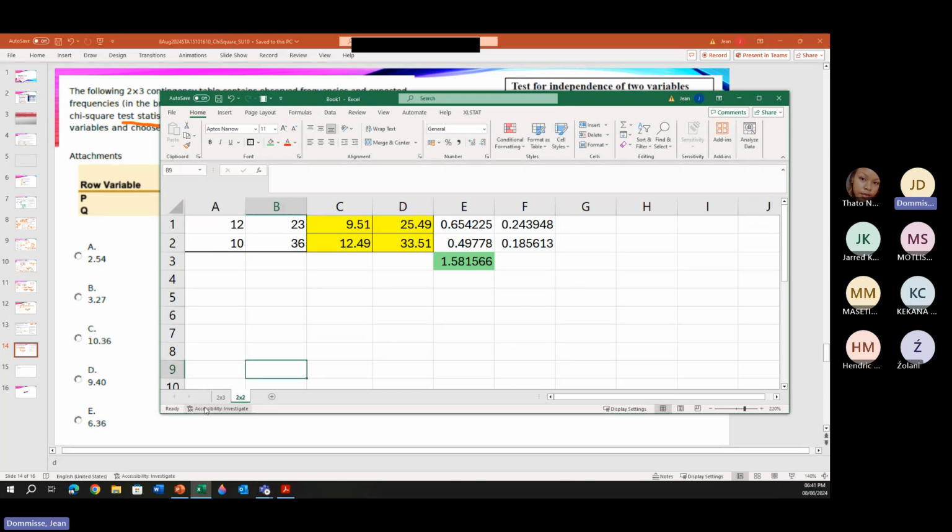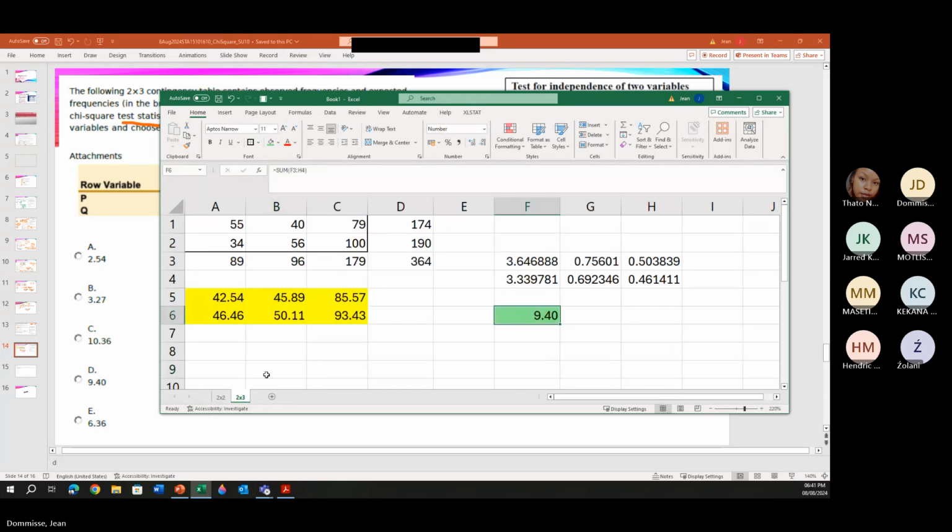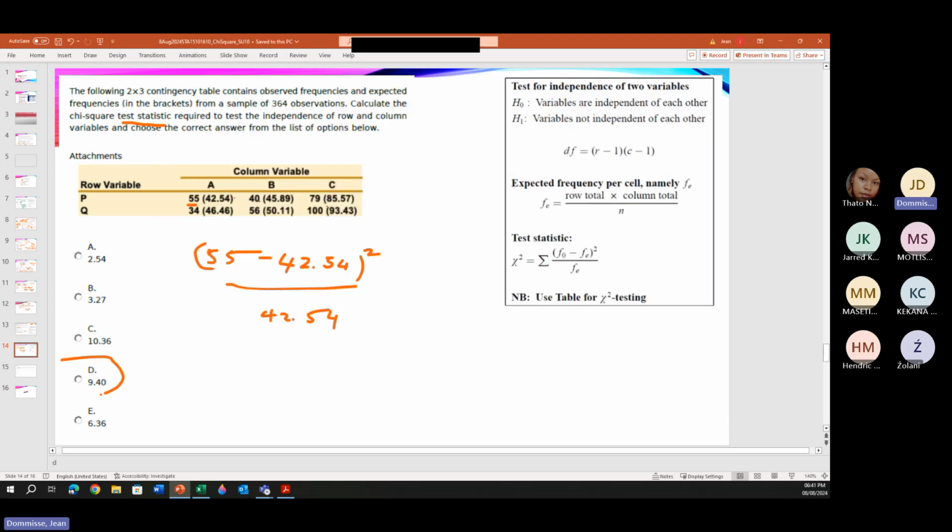So you can choose which one whenever you need to use it. So for the 2 by 3 table, the 9.4 is our answer. So D is the answer. You can go and check now and work it out.